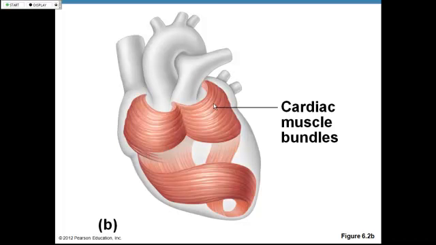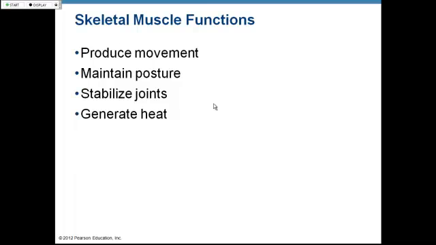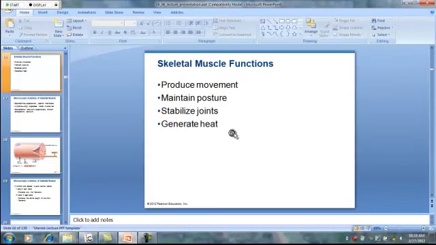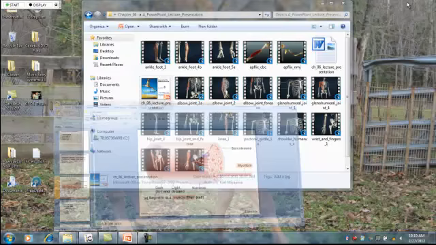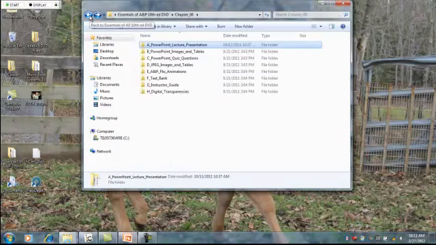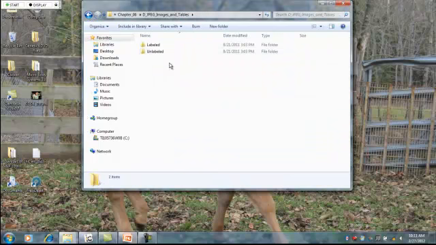But you know what? I don't have it. Let me see how quickly I can go get what I want, because it's not in my PowerPoint. I want to discard them. Yeah, let's discard them. All right, I can go to some other files that I have. Back here. I want to go to JPEG images. I want labeled. And I want what you have in your book.